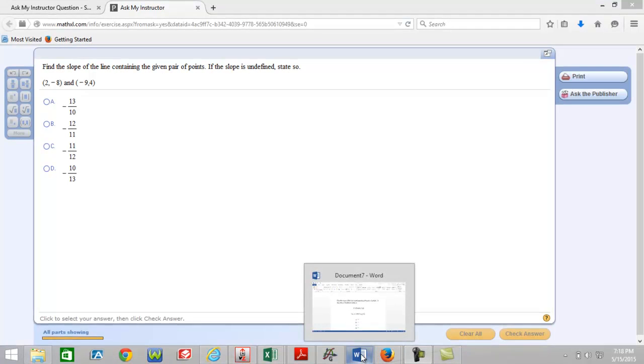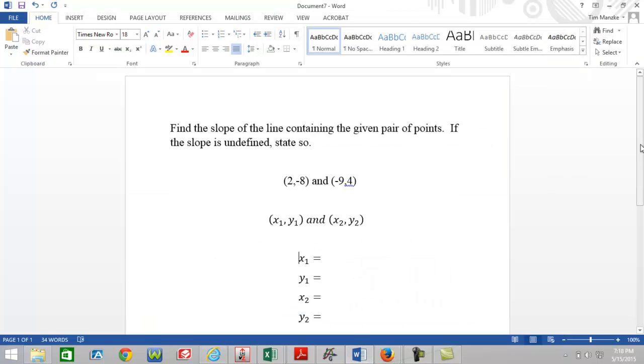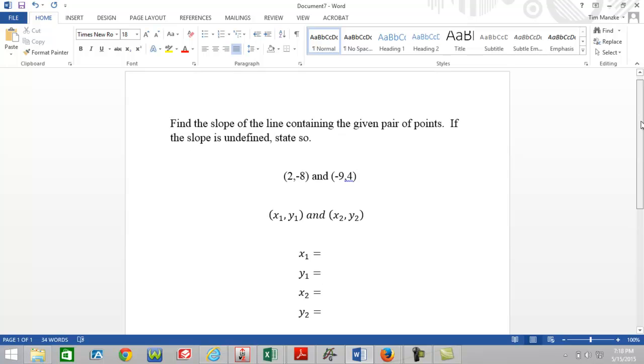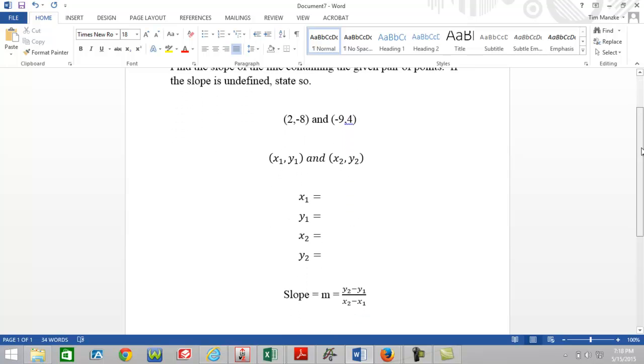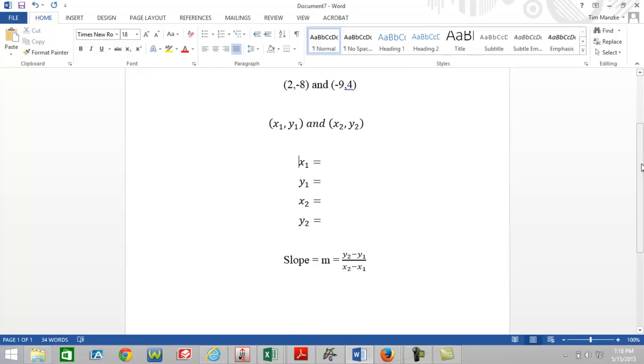So I'm going to go to a Word document here. Same question here. The ordered pairs (2, -8) and (-9, 4). We're going to use what's called a slope formula. Before we use the slope formula, we're going to assign each variable a number.